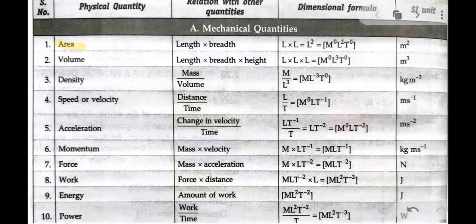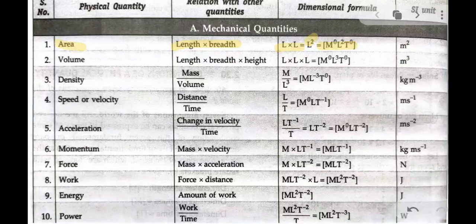Area we know is length into breadth. Its dimension for length is L, breadth is L, so L into L will give me L square. So it has a dimension for L only, so M0 L square t to the power 0. This is the dimension for area.